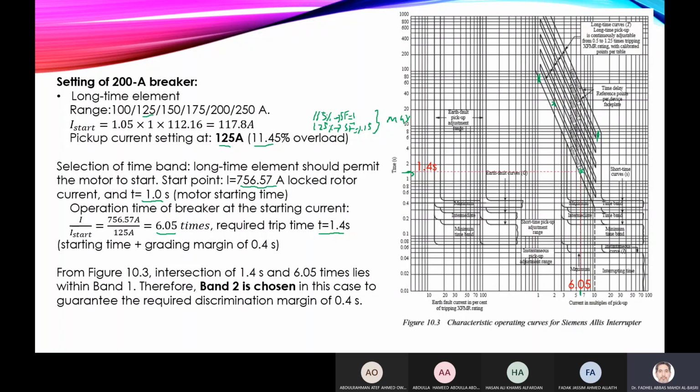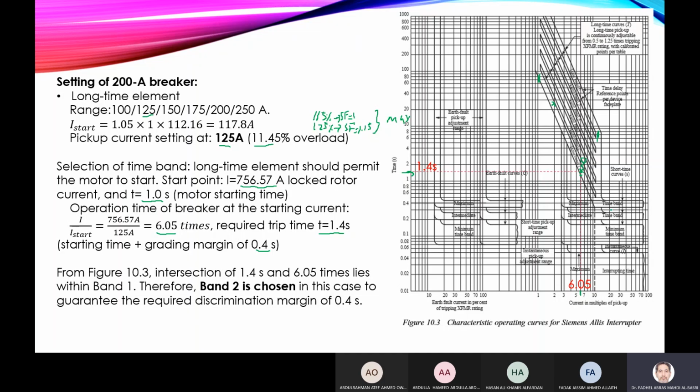In the first band, the lower band. If I choose this band, there is a possibility that I will not achieve this margin, because this band starts from here up to here for time. So that's why I'll choose the next upper band, because the intersection lies in the band, not below the band.